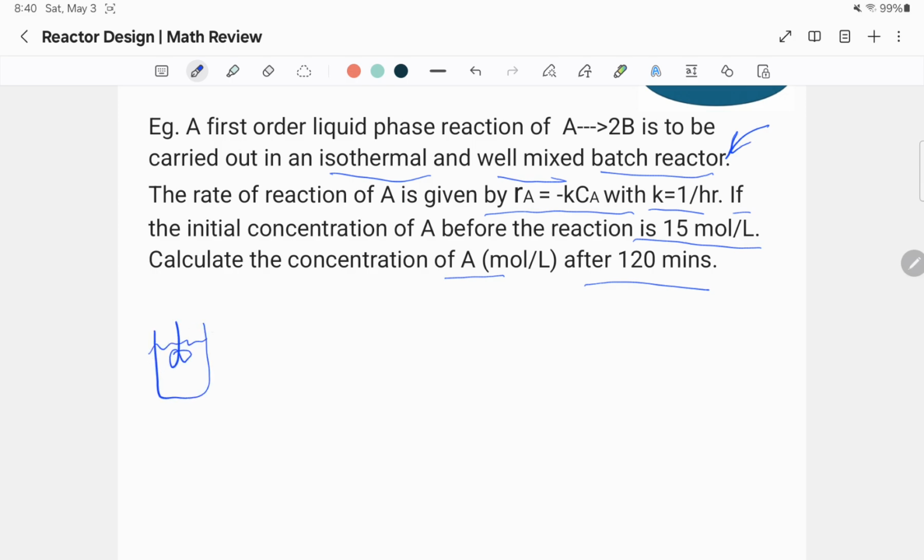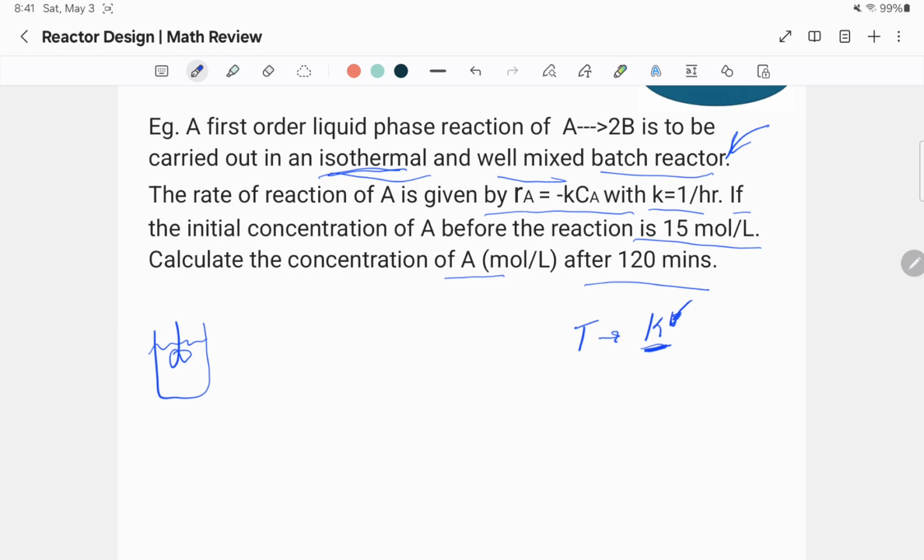Isothermal basically means that the temperature is constant in the reactor, which means that the reaction rate constant is constant, because the reaction rate constant K is a function of temperature. So if the temperature is constant, then K is also constant.